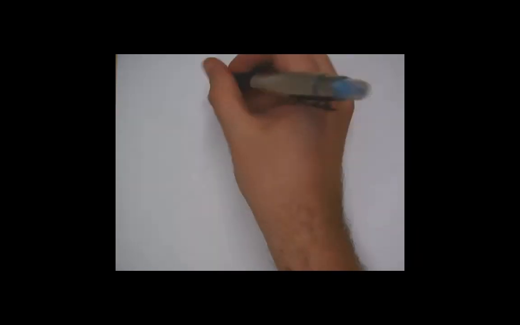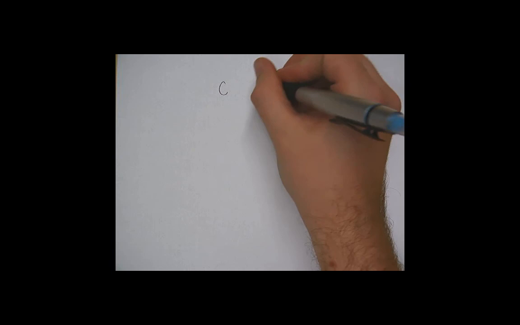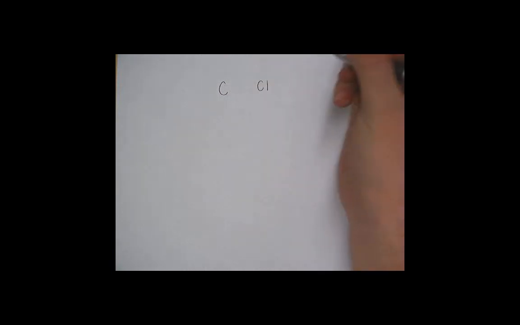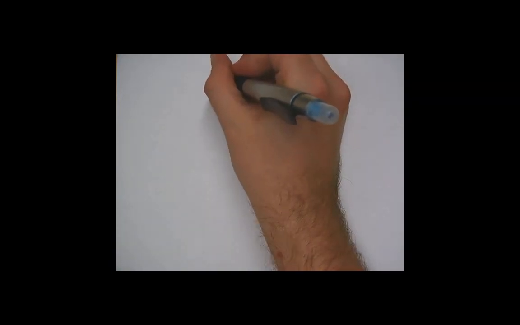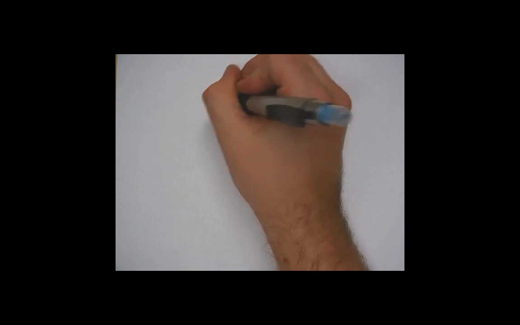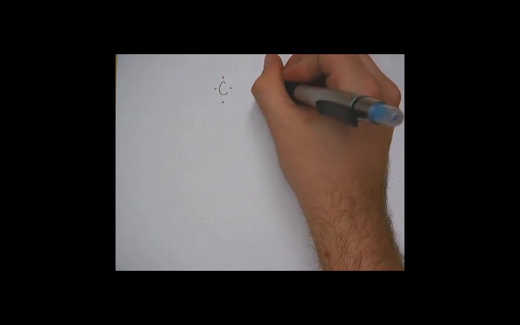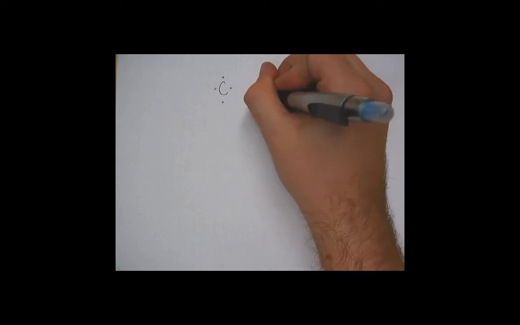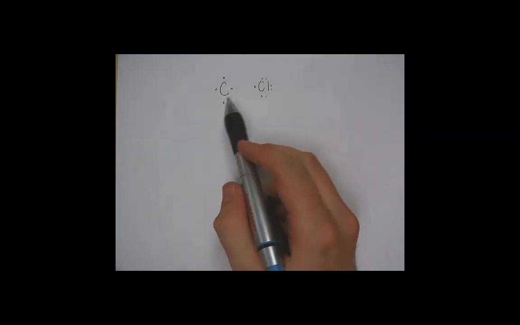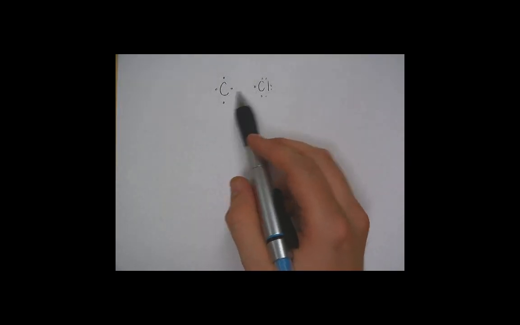Now that we've talked about the idea of electronegativity, we can take another look at covalent bonding. So let's consider carbon and chlorine this time. So we can draw in our Lewis dots. Now, carbon and chlorine can't bond together on a one-to-one basis like I'm showing here.